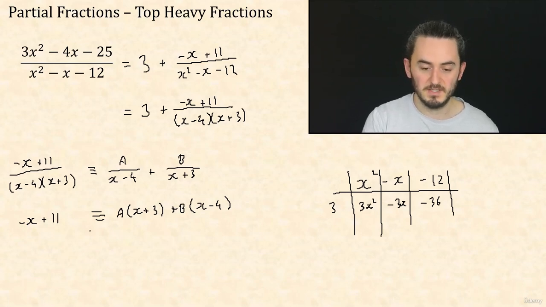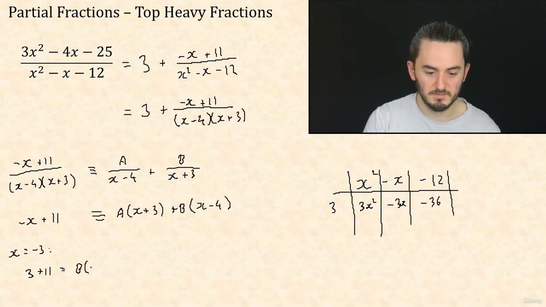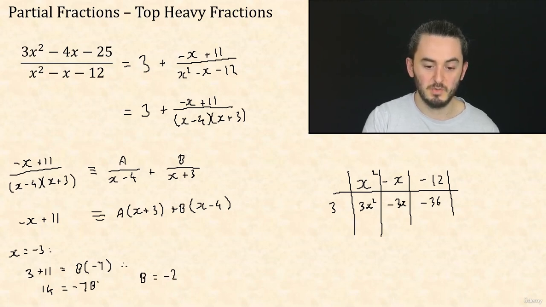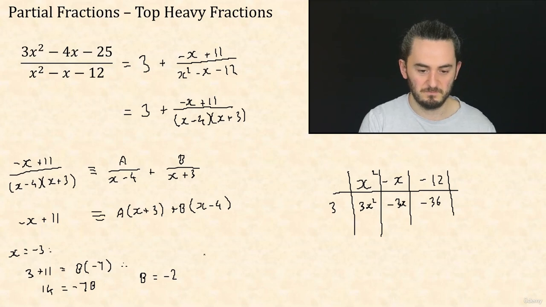Now if I sub in x equals minus 3, that's going to work well. If x is minus 3, I've got minus 3, so minus minus 3 plus 11, which is 14, and the a term equals 0, and then minus 3 minus 4 is b times minus 7. So I've got 14 equals minus 7b. So that means that b is minus 2 when I divide through by minus 7.